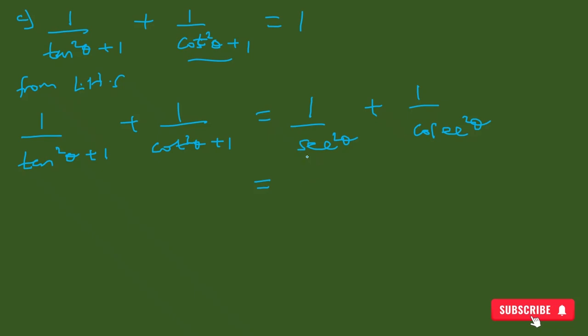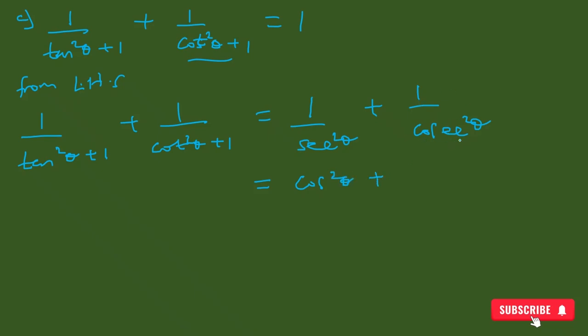Now, you know that sec is a reciprocal of cos, and therefore cos is also a reciprocal of sec. So it means 1 over sec squared theta is the same as cos squared theta, plus the same thing here.